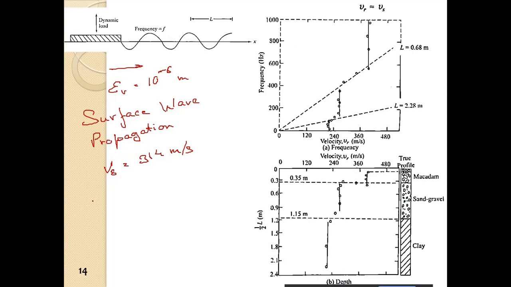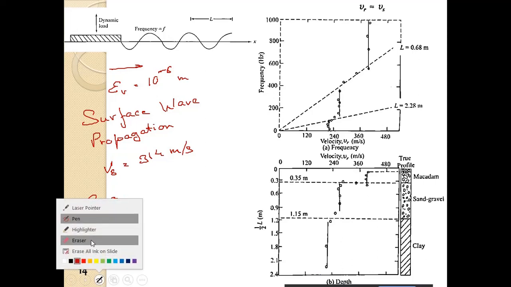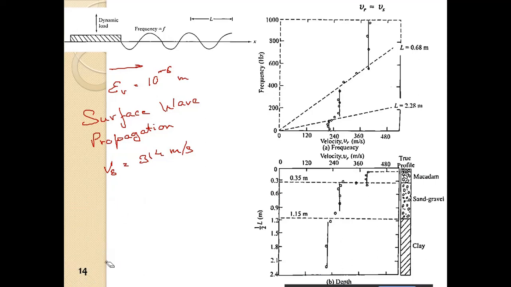So we know that Vs is equal to root over G max by density of the soil.